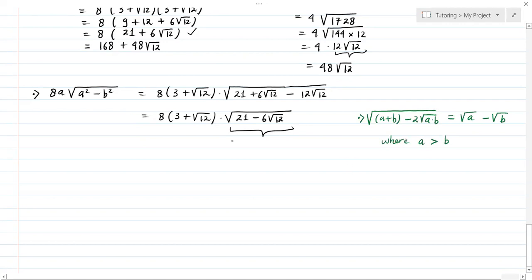By looking at this term, we must change the value in front of the square root into 2.